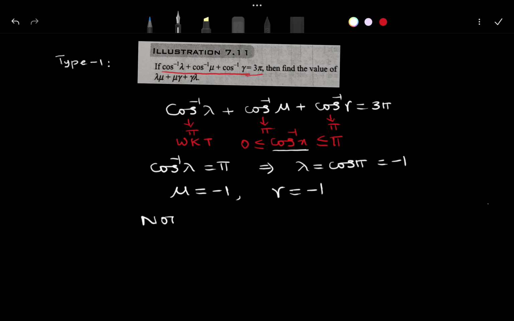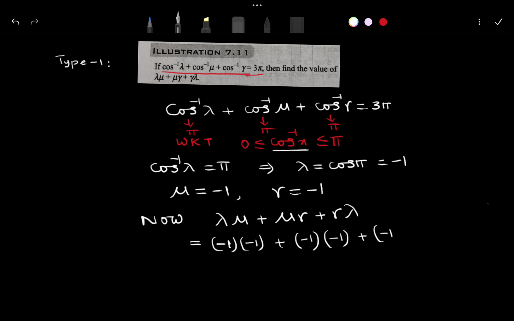Now substitute all these values in the given expression: lambda mu plus mu gamma plus gamma lambda. That is minus 1 into minus 1 plus minus 1 into minus 1 plus minus 1 into minus 1. So totally this value is plus 1 plus 1 plus 1, which is equal to 3.